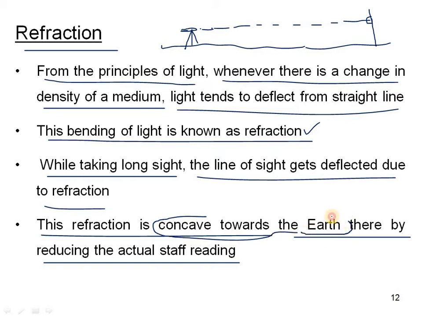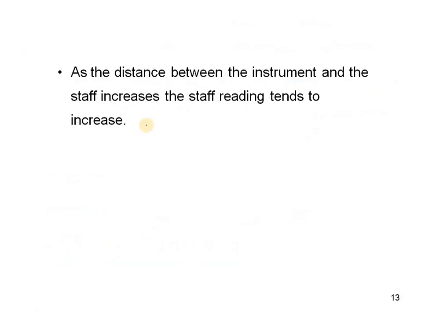That means the mirror which appears on the refraction light will be extending a reading. That means the staff reading looks very bigger. In that position it will be reducing the staff reading. That is called refraction.